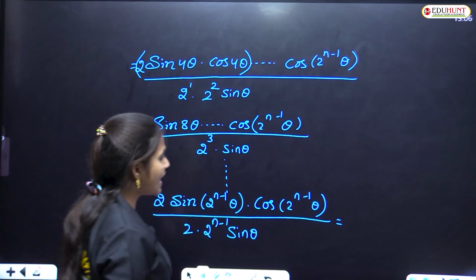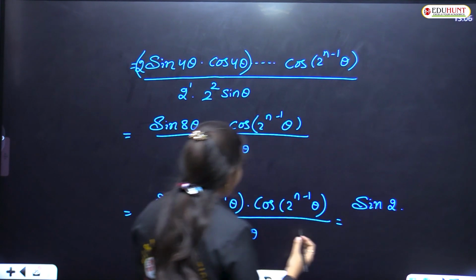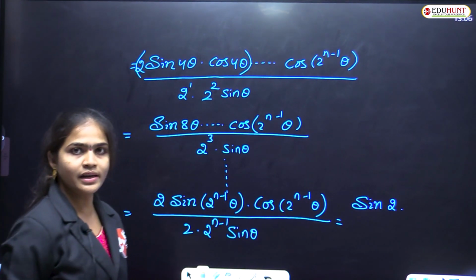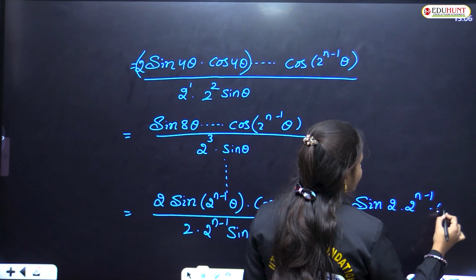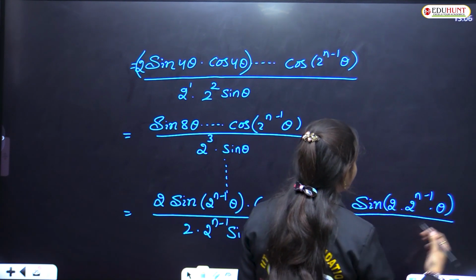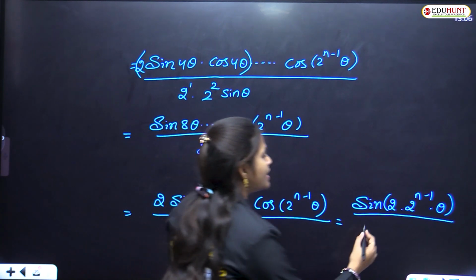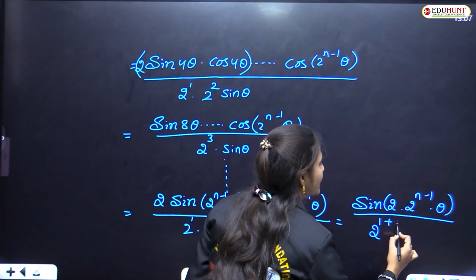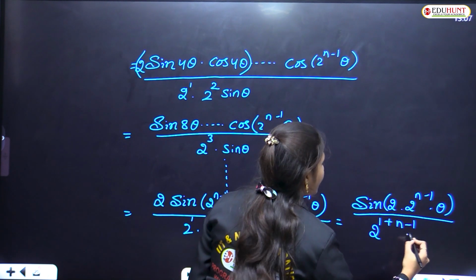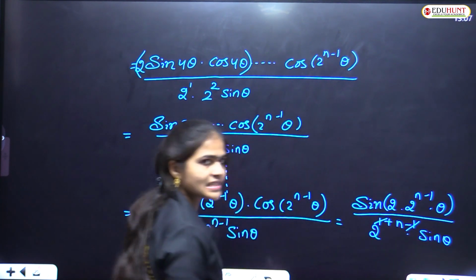So sin 2 theta, sin 2 into, here theta is equal to 2 power n minus 1 into theta, sin 2 theta whole by, here 2 power n minus 1 into 2. This one we can write as 2 power 1 is there, no? So 2 power 1 plus n minus 1 into sin theta. So plus 1 and minus 1 get cancelled.